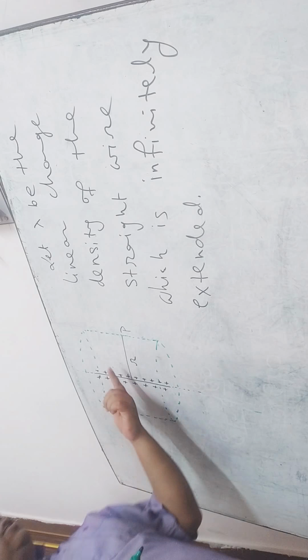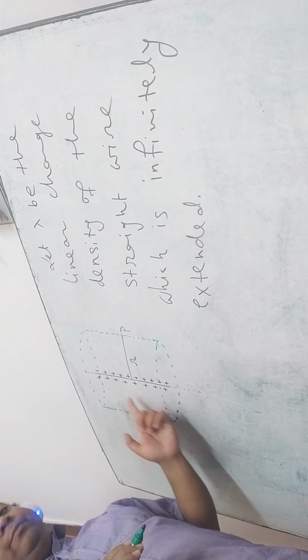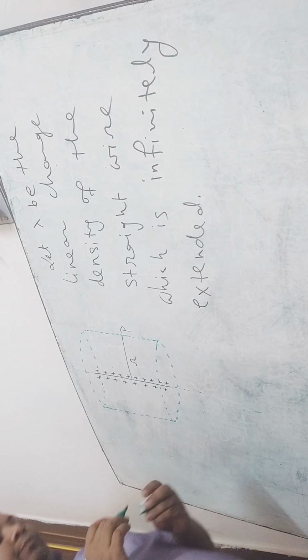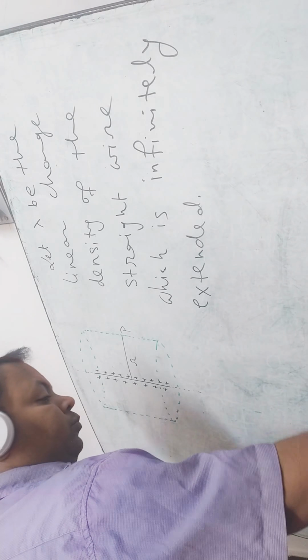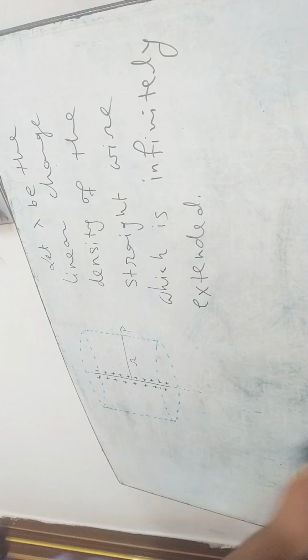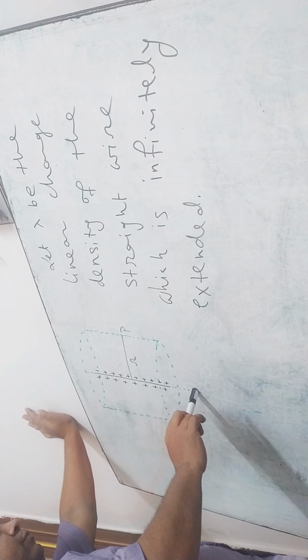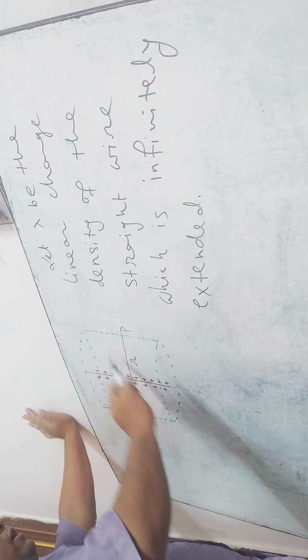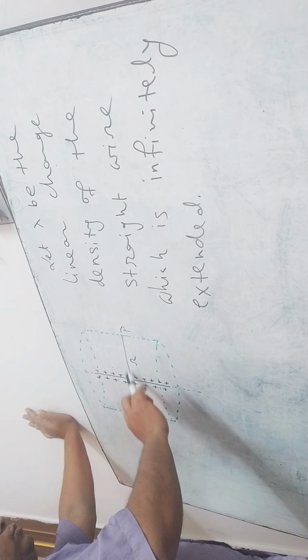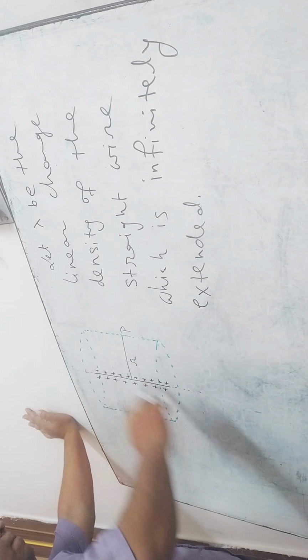Now this cylinder acts as a Gaussian surface. Now the electric lines of force emitted from the charged wire are normal to the wire, that is, along the direction of the radius of the cylinder.